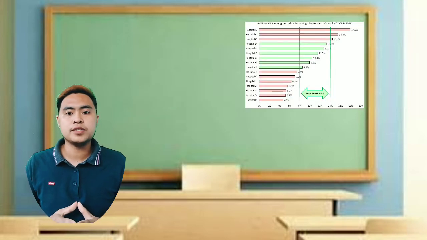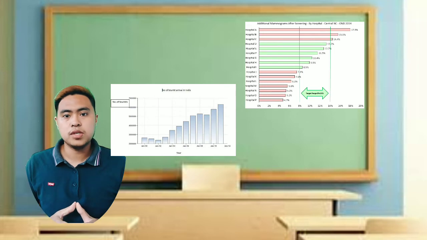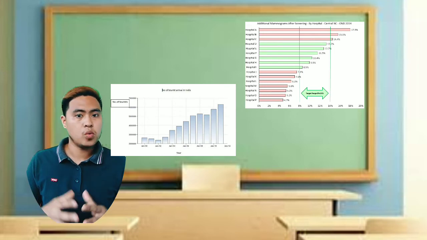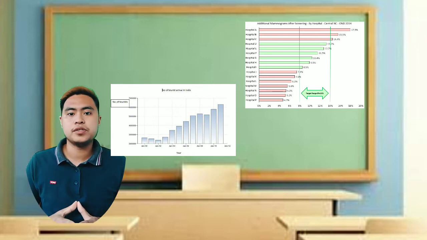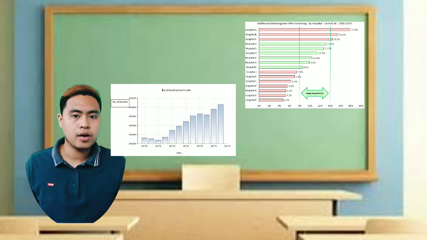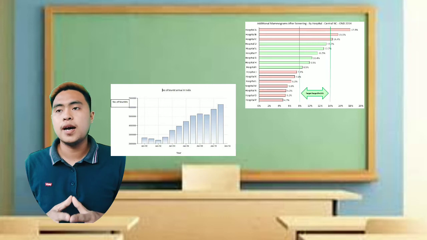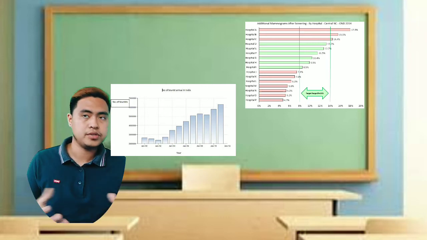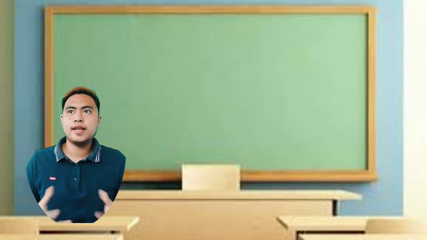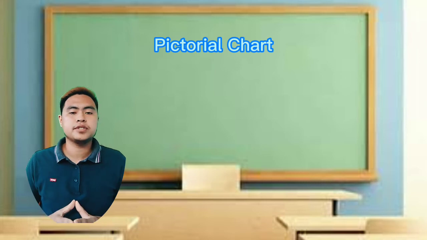A vertical bar chart is sometimes called a column chart. From a bar chart, we can see which groups are highest or most common and how other groups compare against the others. And the last is pictorial chart.